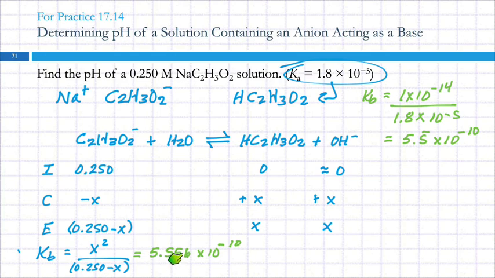This is a small equilibrium constant. 0.25 is a relatively large concentration. So assuming X is small is probably going to work here. But you can also do it on your solver. So X is going to equal the square root of 0.25 times Kb.